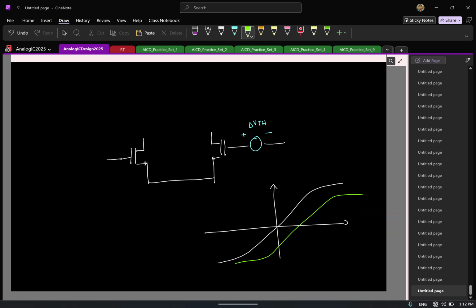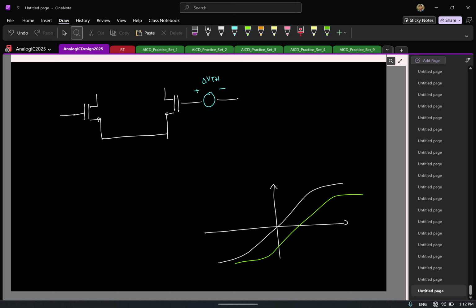This is offset. And just like for noise, how we wanted to model the noise as an input referred quantity, similarly for offset also, that's what is preferred. The idea is you assume that the transistors inside are matched, but the overall offset is because of a hypothetical voltage source. That is the input referred offset voltage.